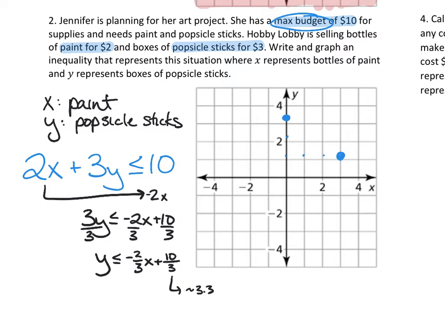With the inequality sign less than or equal to, do I shade above or below with a dashed or solid line? Very good. This is going to be below and solid. So I'm going to go ahead and draw a solid line between these two coordinate points. And I'm going to shade in below that line.